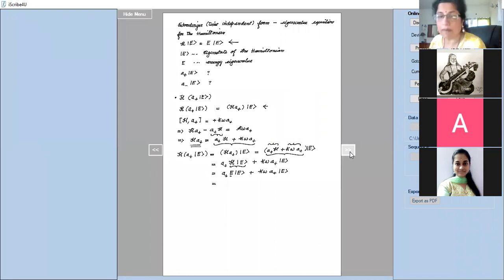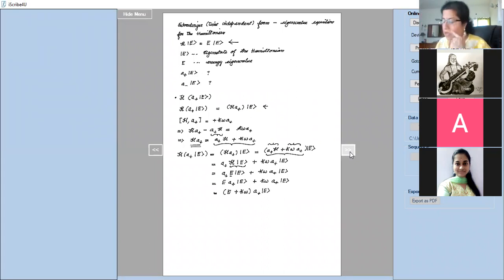This is just a number, so I'm going to take it out and write it as E into A plus of E plus H cross omega A plus of E. I can further simplify this and write it as E plus H cross omega times A plus E.